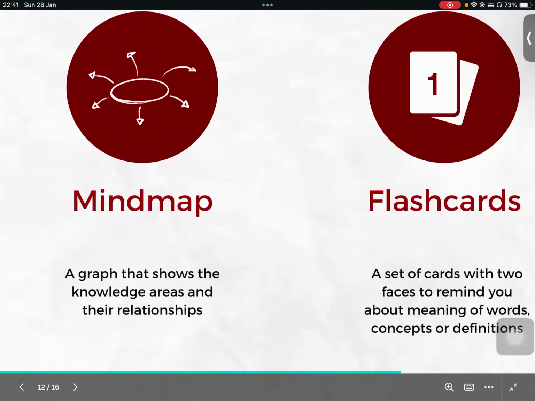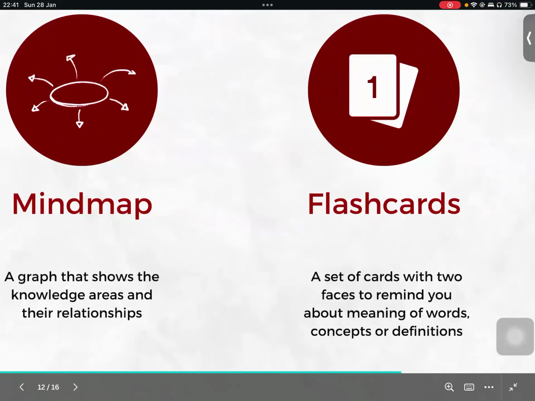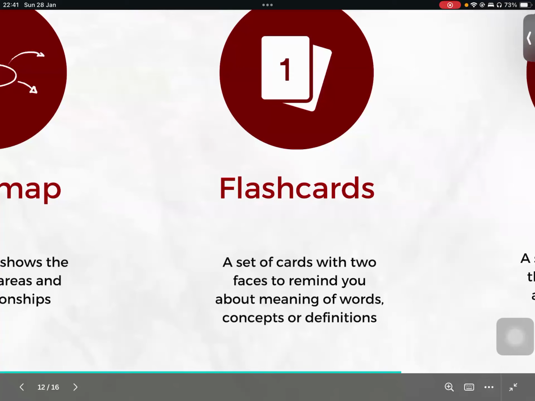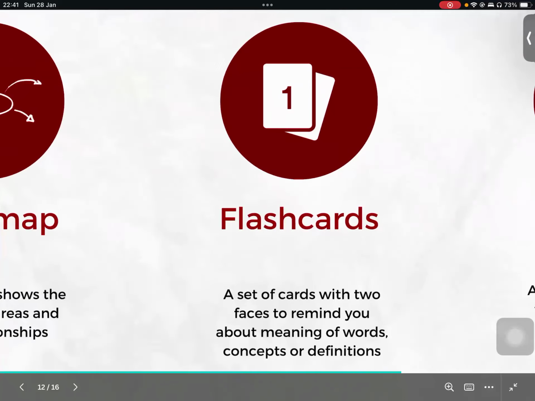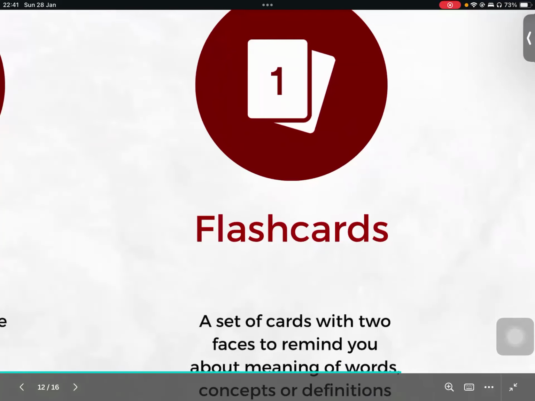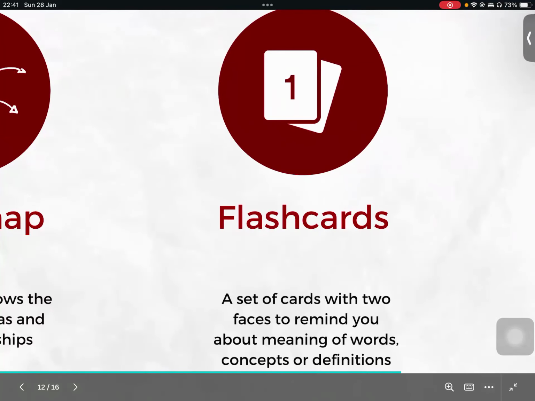The second tool is the set of flashcards. A flashcard is a card, maybe a virtual card or a physical card, where you have two sides. One side will have something like the name of the author or the name of the concept, like direct cost, and the other side will give you the definition, like it is directly associated with the end product.